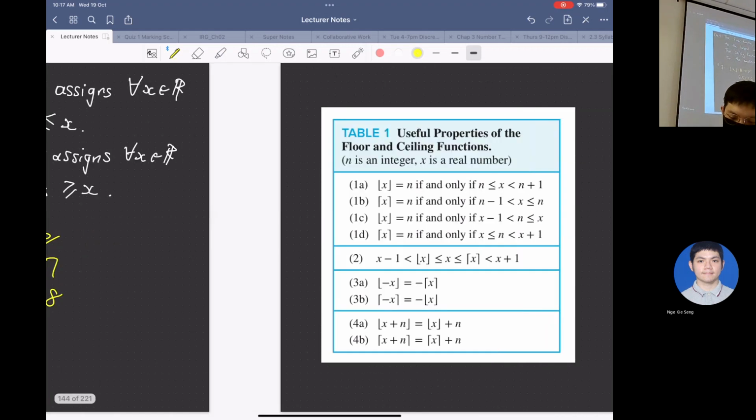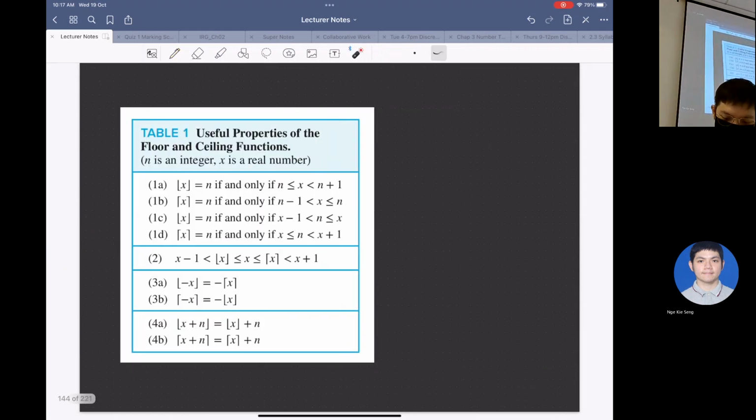So this floor function satisfies a few nice properties. In particular, you can move the scalar -1 up, and then just look at the real number.